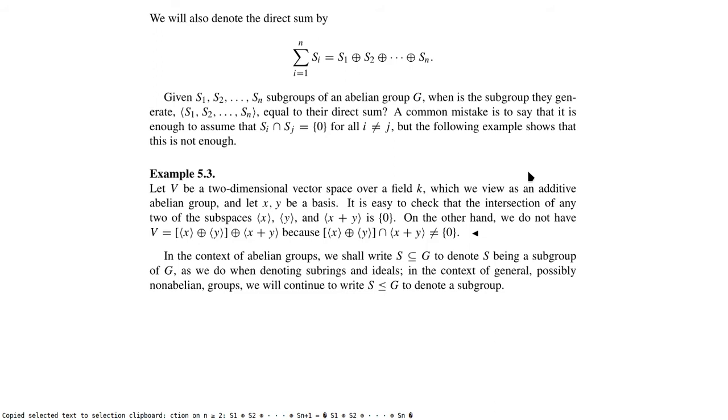So if you take the two subspaces that you get from generating from x and y and their addition, if you take the intersection of all these, they're all pretty much disjoint with just the 0 in common, right?